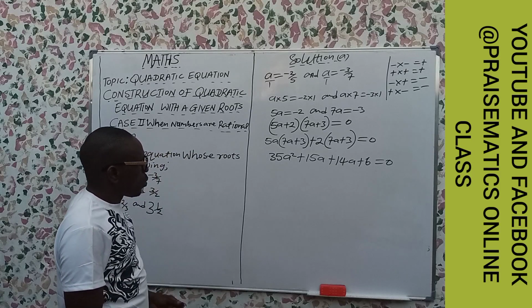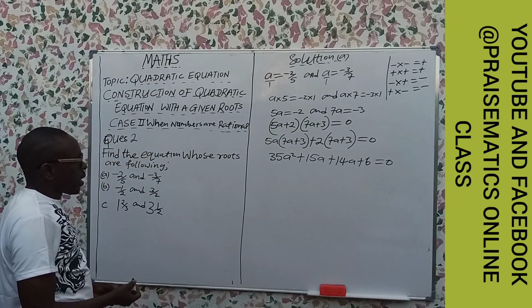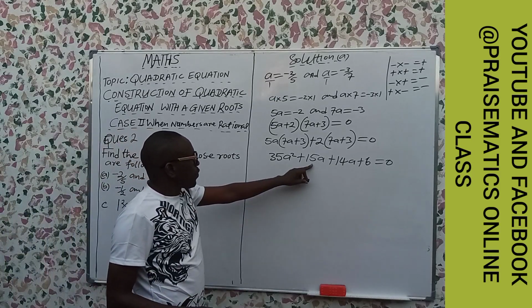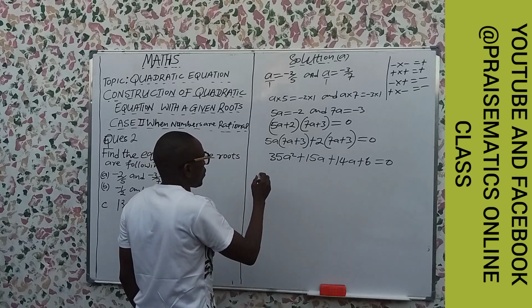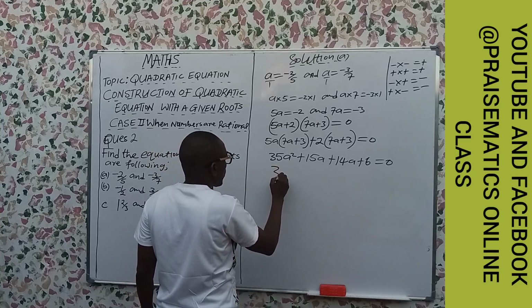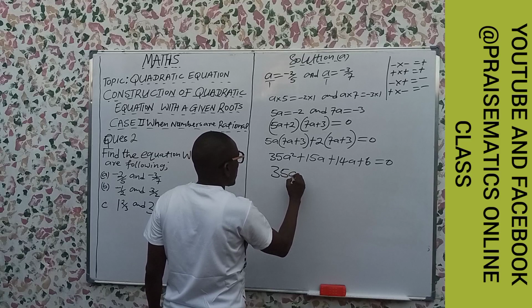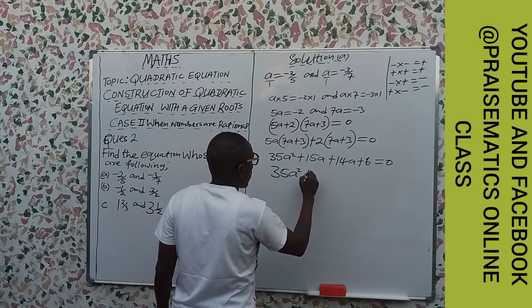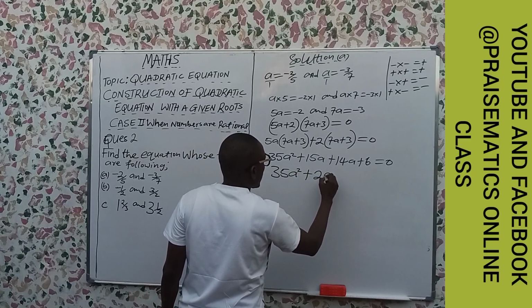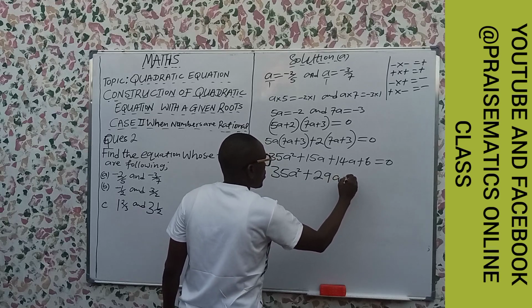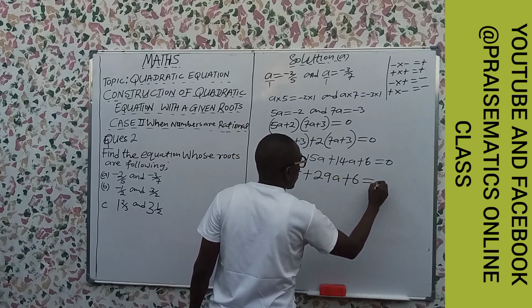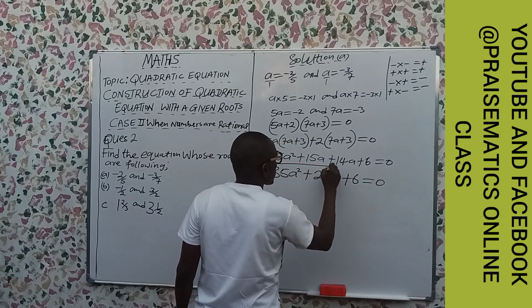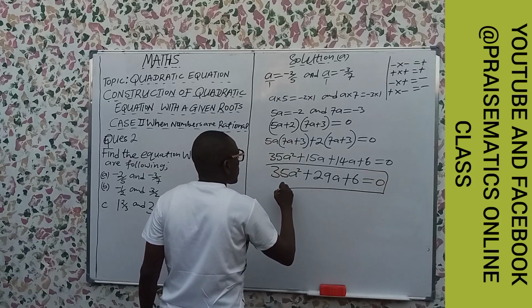We collect like terms: 15 plus 14 gives 29. We have 35A squared plus 29A plus 6 is equal to 0. And that is our answer.